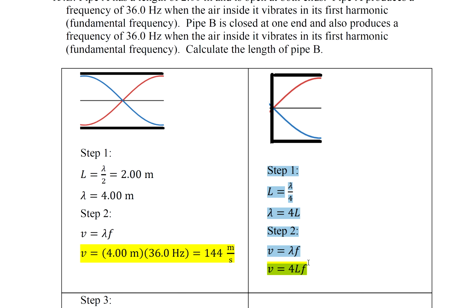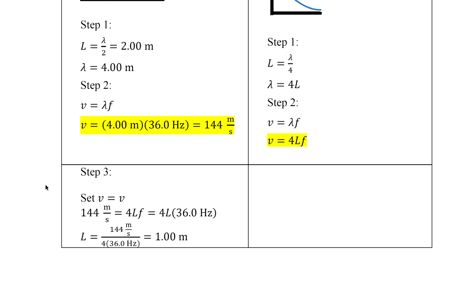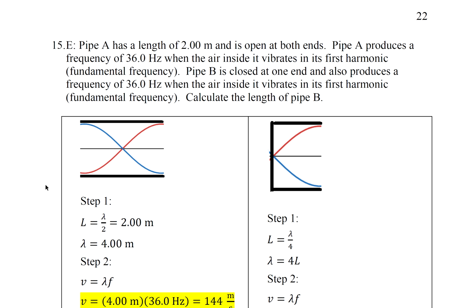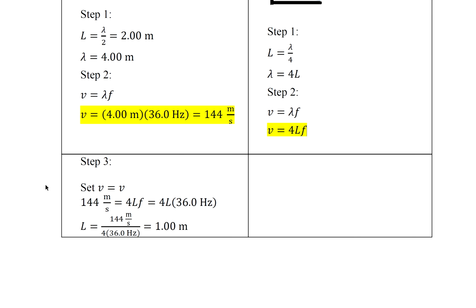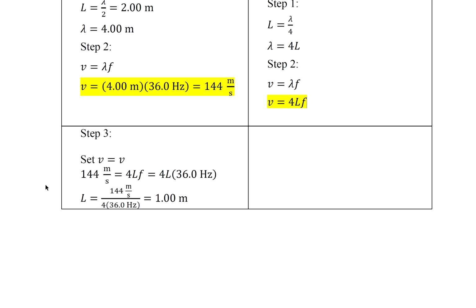Step 2, we use the equation v equals lambda f. Step 3, we're going to set the speeds equal to each other, because the speed of sound is going to be the same in both of them. So L is equal to 1 meter.